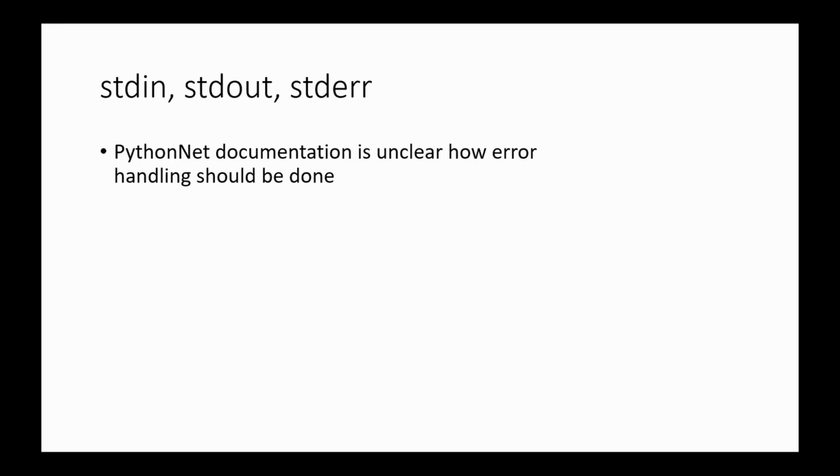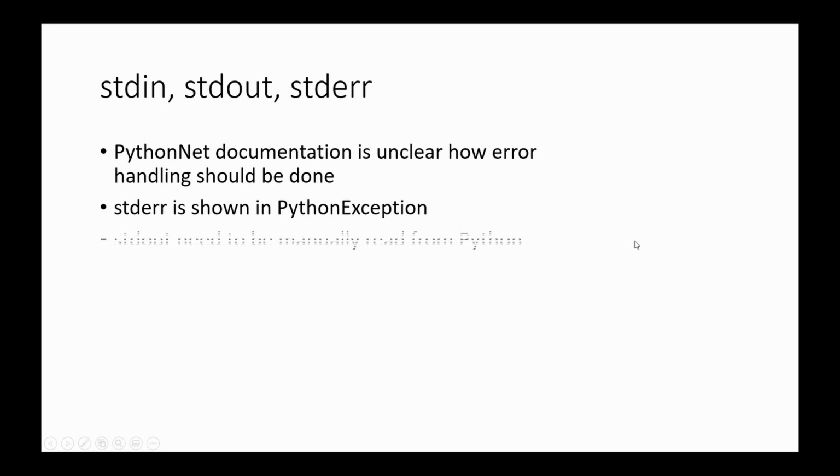So let's discuss standard input, output, and error. The PythonNet documentation is a little bit unclear, and they don't explain to the extent that I would like them to explain how error handling should be done. Basically, standard errors are thrown as Python exceptions, and I find that a little bit inconsistent because if it's capturing standard output, it then has to be done manually.